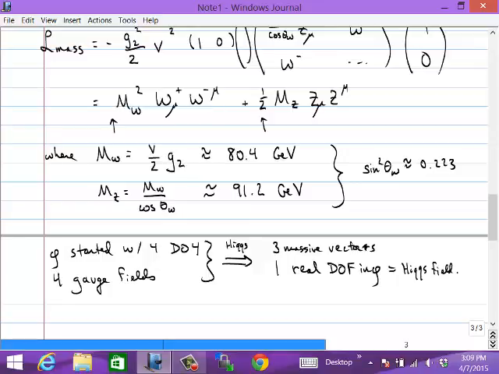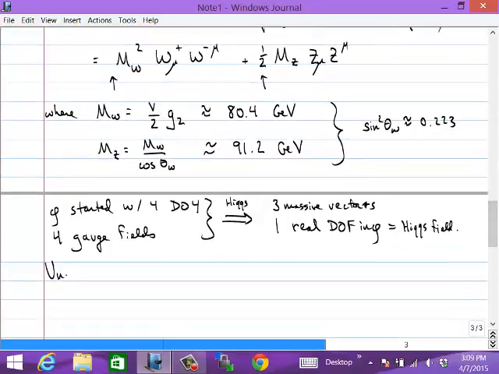So in particular, the way that we usually write the standard model is in unitary gauge. So remember what unitary gauge is. Unitary gauge is the one where we absorb all of the fluctuations around the vacuum expectation value for phi that we can into the gauge field. Okay, so we interpret 3 of the 4 degrees of freedom in phi as the longitudinal polarizations of the massive gauge bosons.